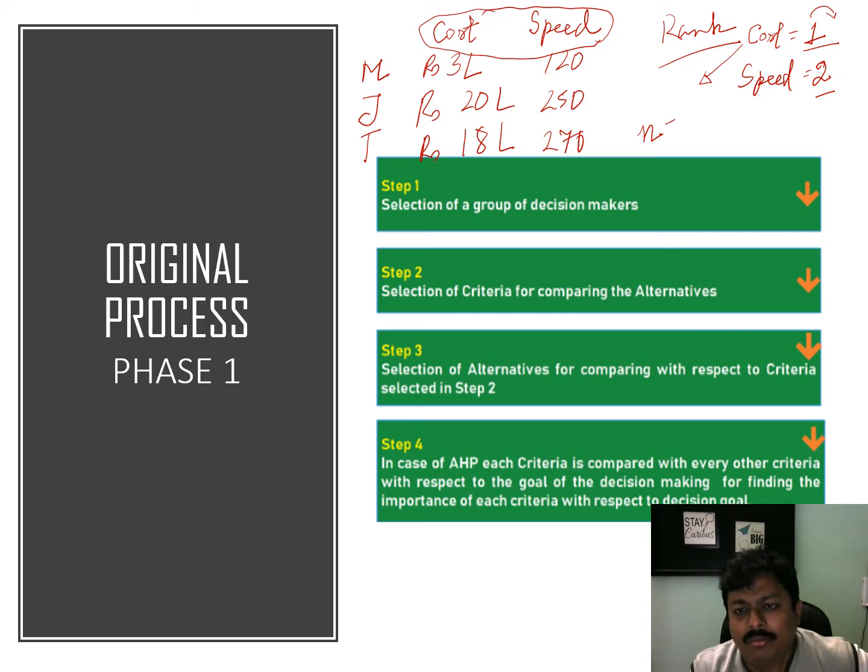To find the complement of the rank, we add 1 to the total number of criteria and deduct the rank of the criterion. So in case of cost, the rank of the criterion is 1, so it is n plus 1 minus 1, and then we divide it by n plus 1.